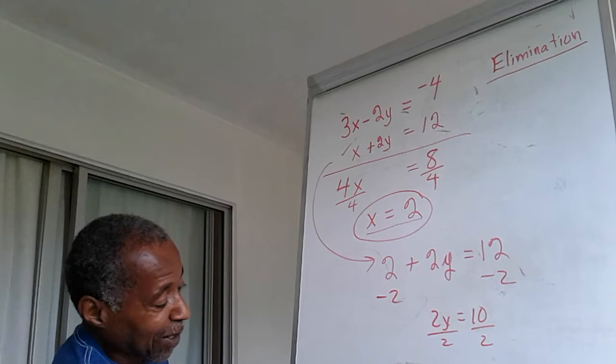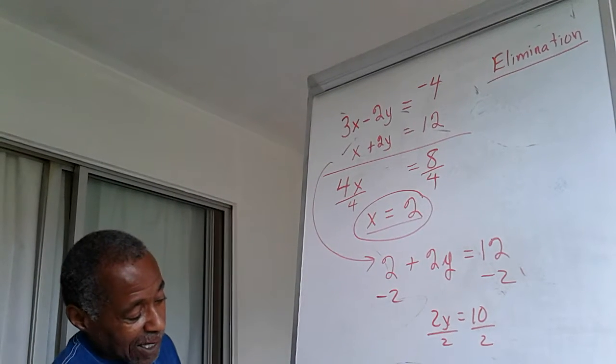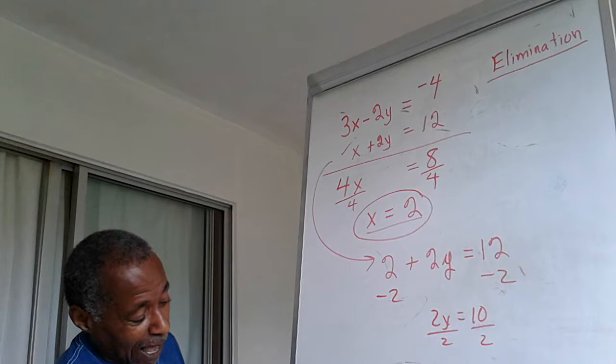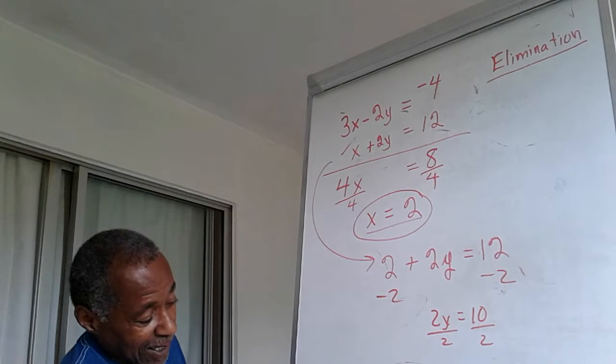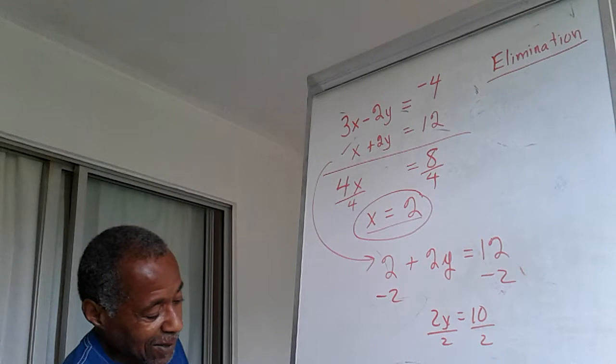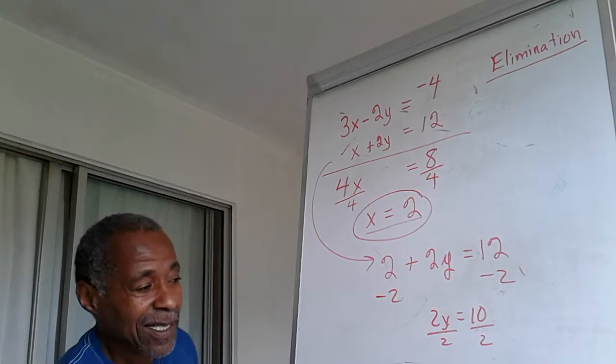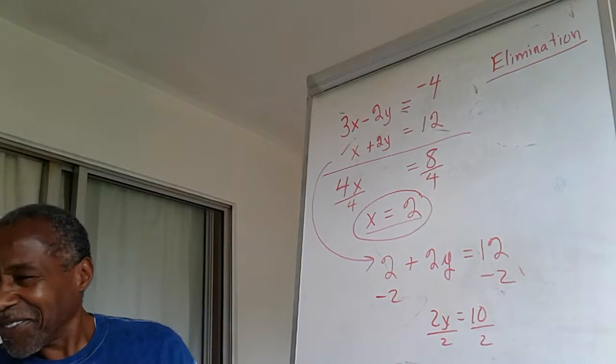Does that equal negative 4? Is that true or false? 3 times 2 is 6. Negative 2 times 5 is negative 10. How much is 6 minus 10? Negative 4 equals negative 4. Check. We're good to go.